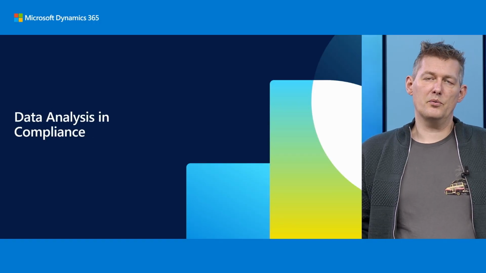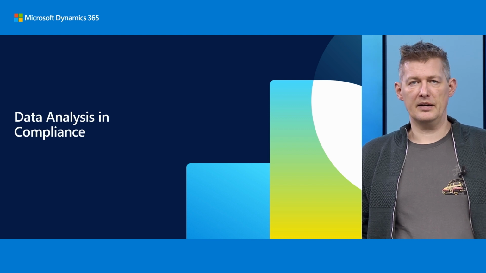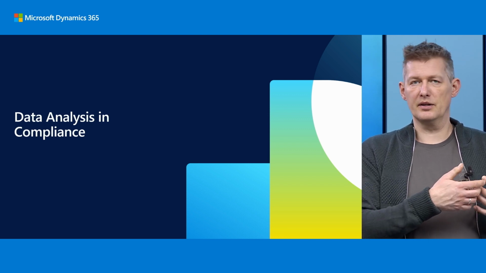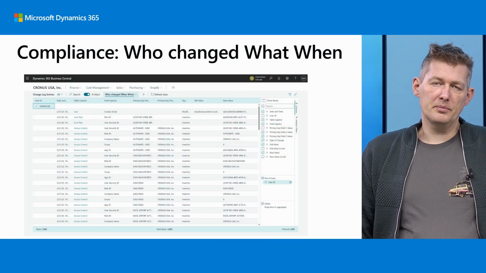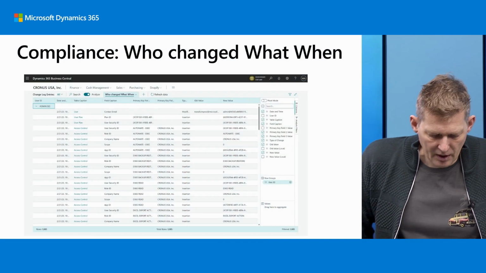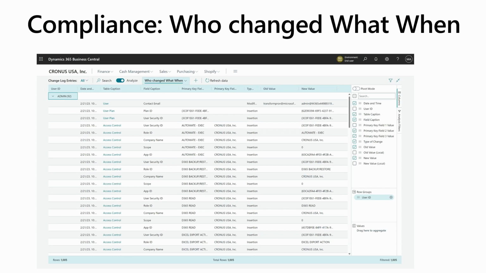Because there's no reason why data analysis should be confined to the ledgers. How about we open up the change log? The change log entries is a list, and by pivoting, we can get a very, very simple understanding of who changed what when, and what were the values to and from.